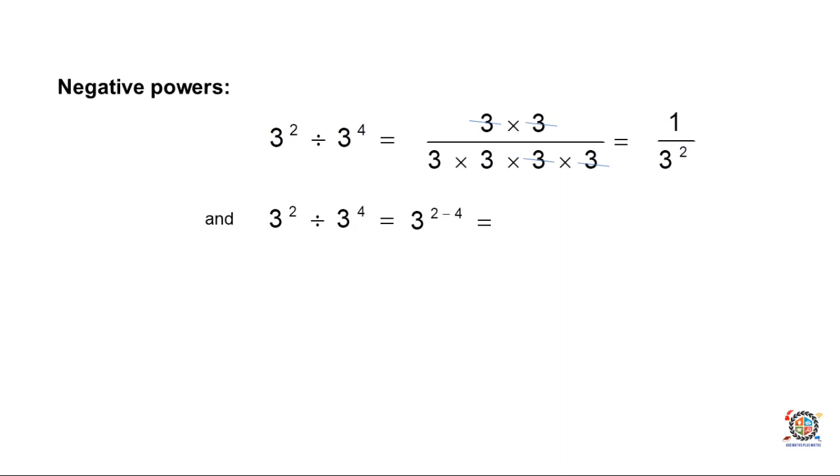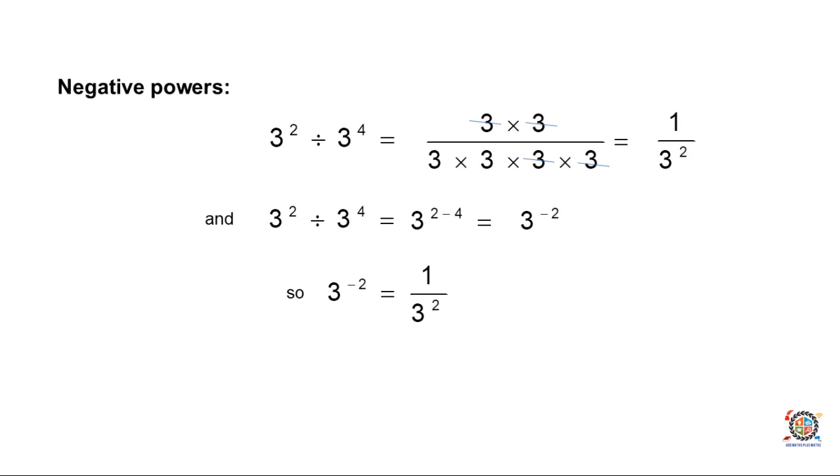Therefore, I will come up with 3 to the power of 2 minus 4. This applies your law number 2. 3 to the power of 2 minus 4 is equivalent to 3 to the power of negative 2, which gives you the idea that 1 over 3 to the power of 2 is also equivalent to 3 to the power of negative 2.